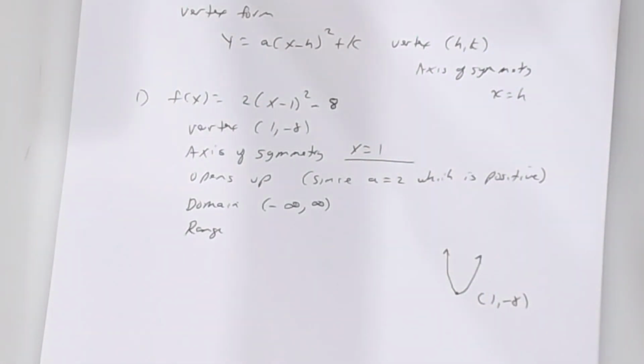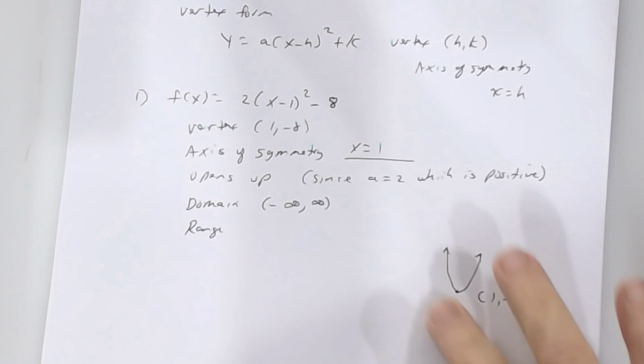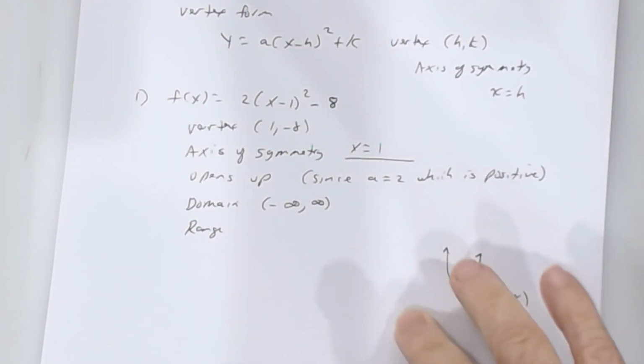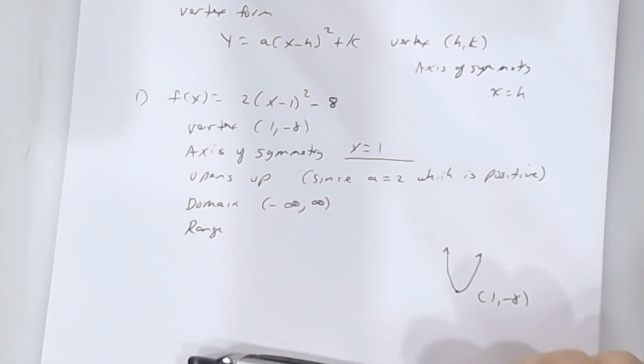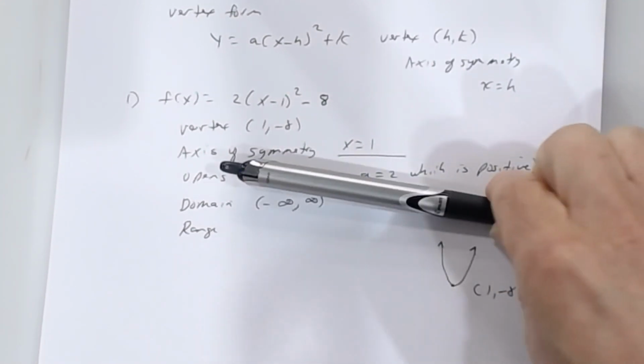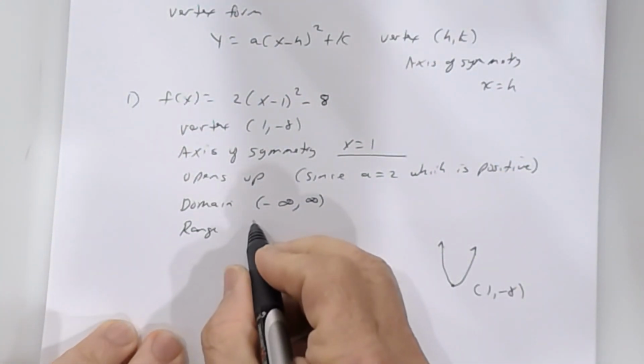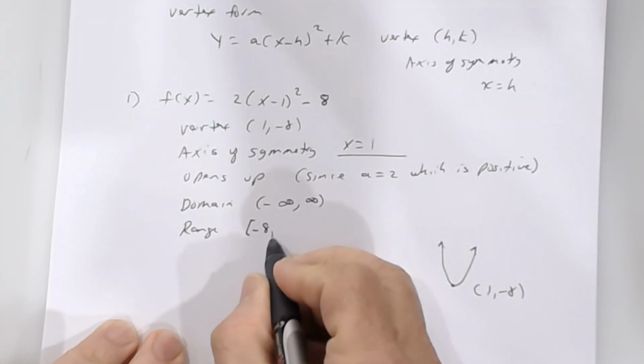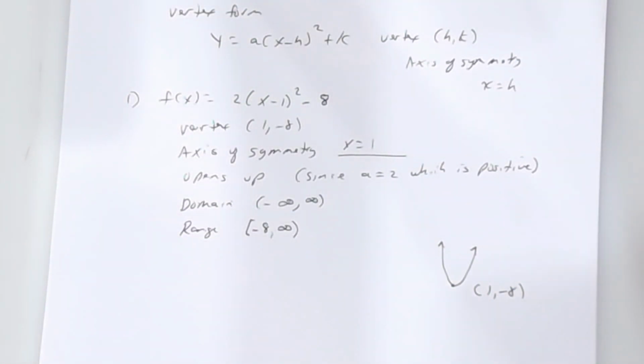And whenever you talk about range, you always go from bottom up along the y-axis. So when I go from bottom up, even though those axes aren't drawn, it doesn't matter. It's going from negative 8 all the way to infinity, with a bracket. Okay? All right.